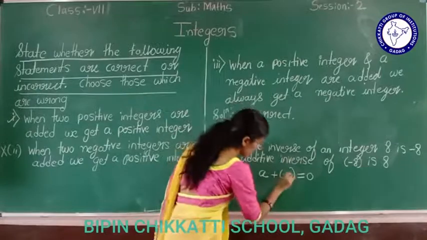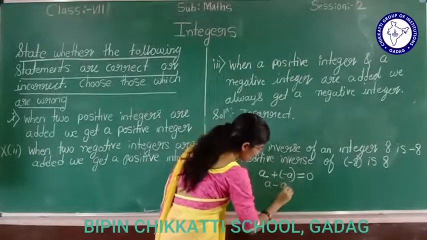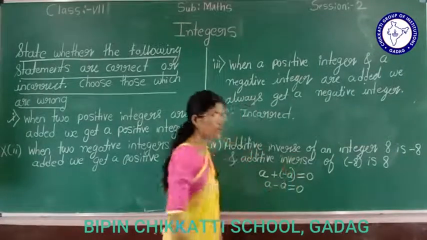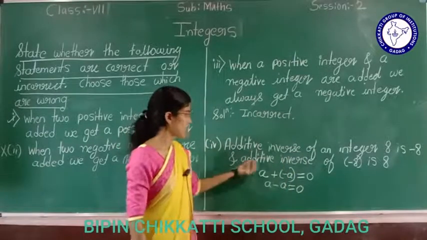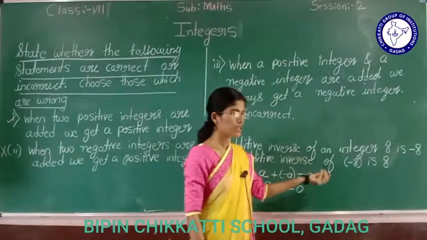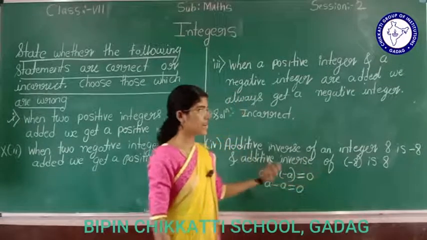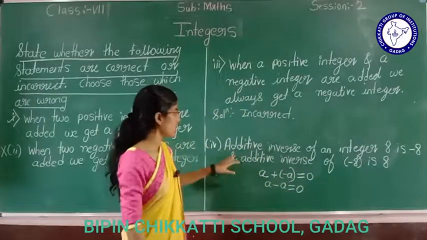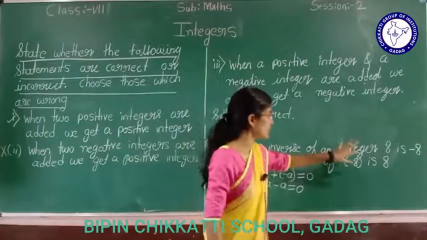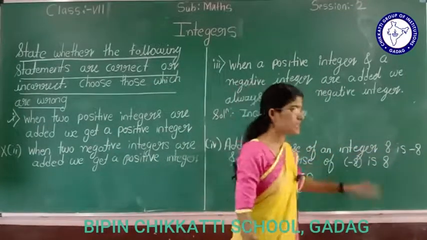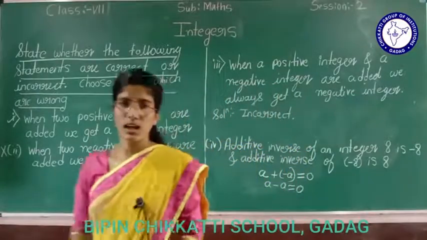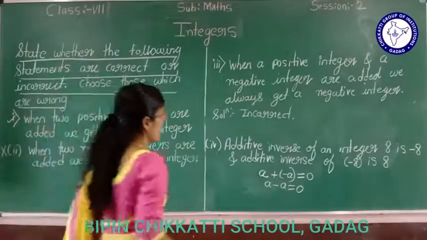That is minus a: a minus a is equal to 0. Yes or no? We can tell that a is the additive inverse of minus a, and minus a is the additive inverse of a. Here the additive inverse of an integer 8 is minus 8, and the additive inverse of minus 8 is 8. We can give so many examples.